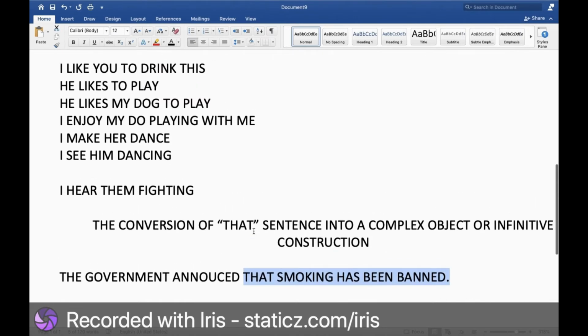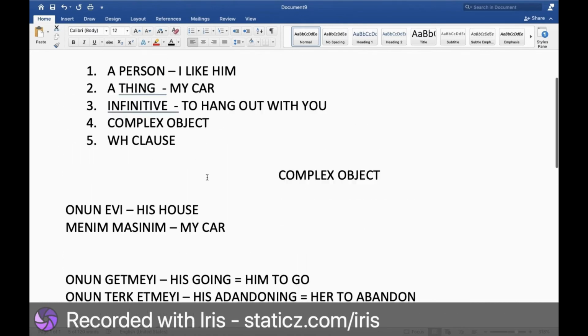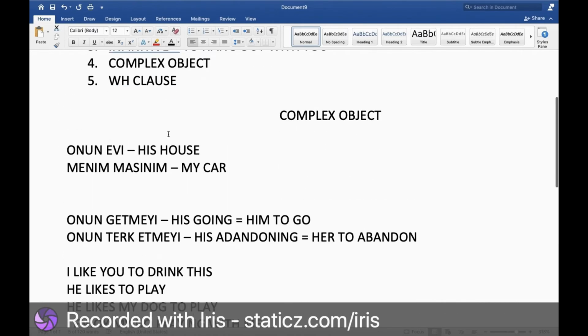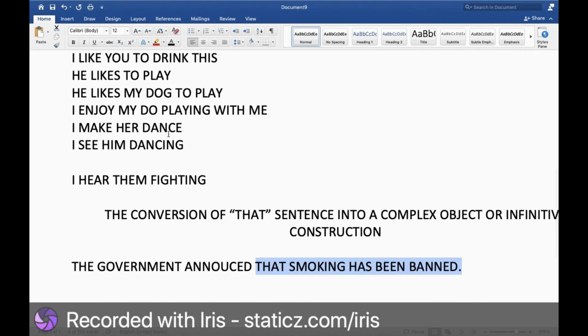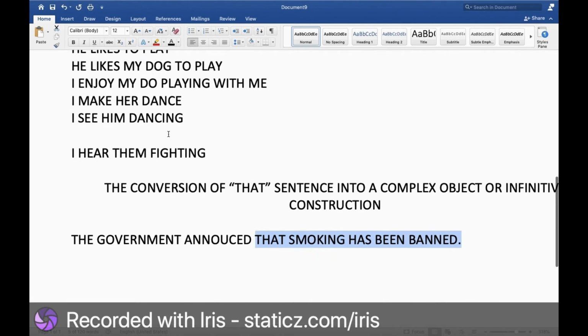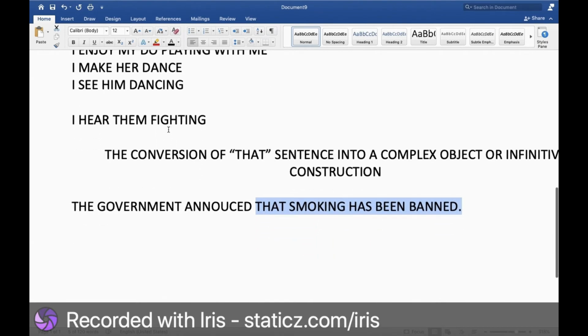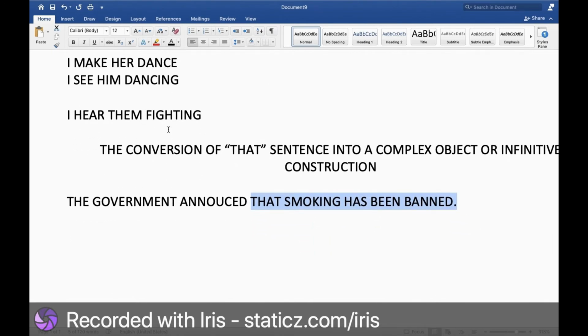So what is this actually? This is one of the 5 objects. Either it's a complex object or a that-clause. In the very near future, you're going to start writing essays. When you write an essay, don't write that sentence like this. All the students try to write that sentence, which is not right. Try to replace them with a complex object or infinitive construction.